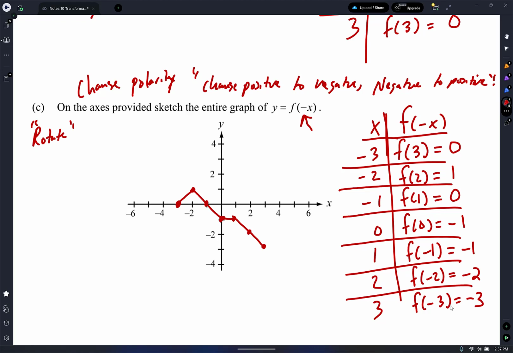People might confuse rotate with rotate, circular. So maybe not rotate. Flip, reflect. Reflect everything across y-axis.